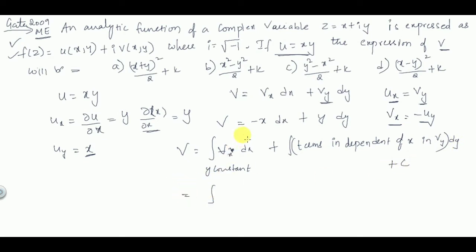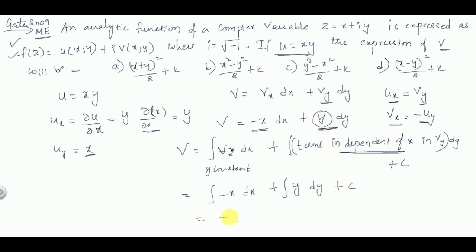So the integral of vx we have got as minus x dx, plus terms independent of x. We have only one term and it is not containing any x value, so this is the term which contains y only. It is independent of x because it is not having any x term, so it will be y dy, the terms independent of x in vy. So this is the term which is independent of x, so y dy plus c.